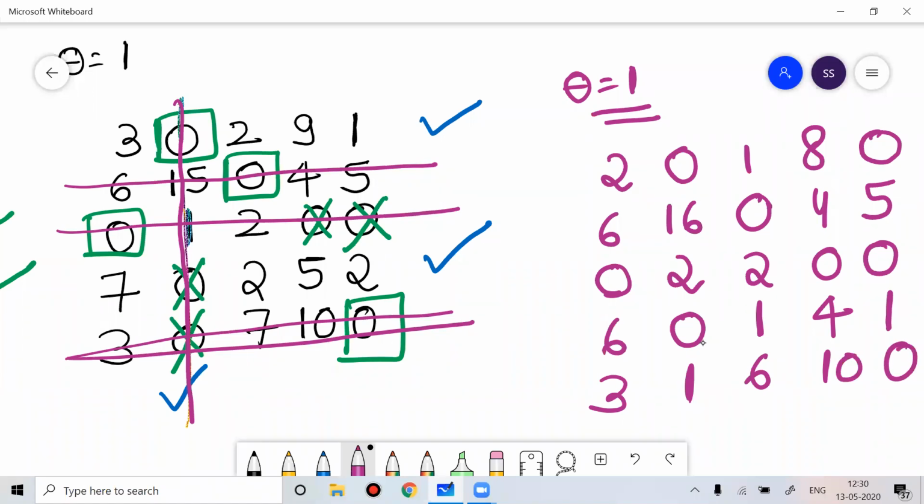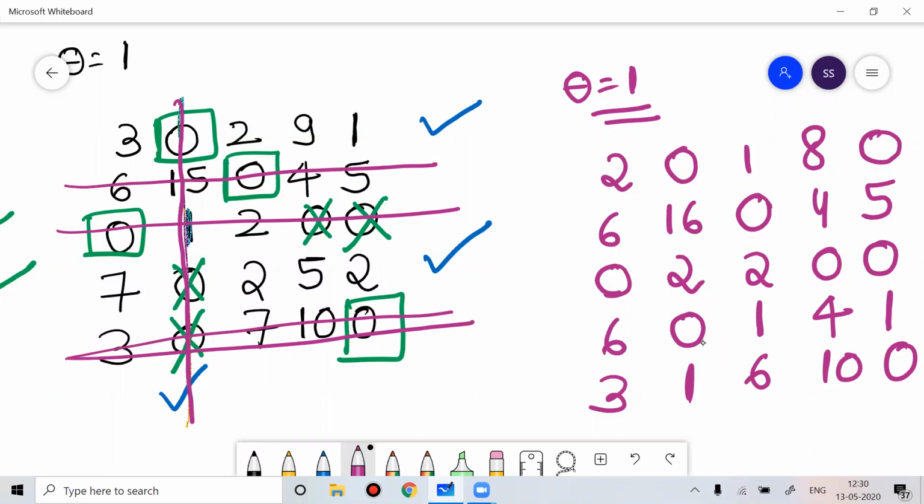So what you have to do, you have to find the minimum element from the given set of data where no line passed away, then subtract the theta from all the elements over which no line passed away. Do not touch that element over which one line passed away, and add theta to those elements where two lines passed away.